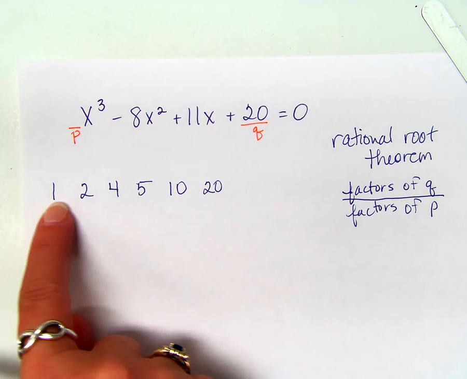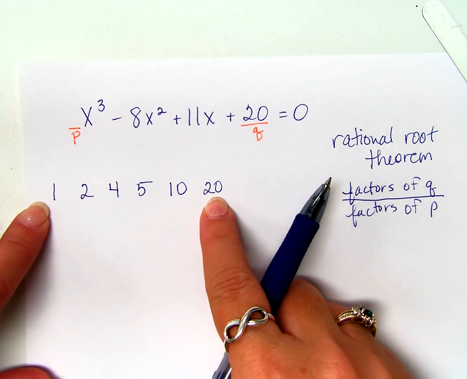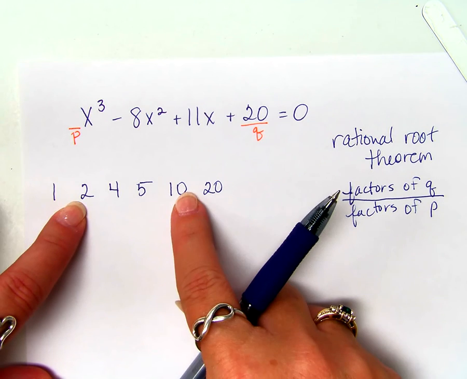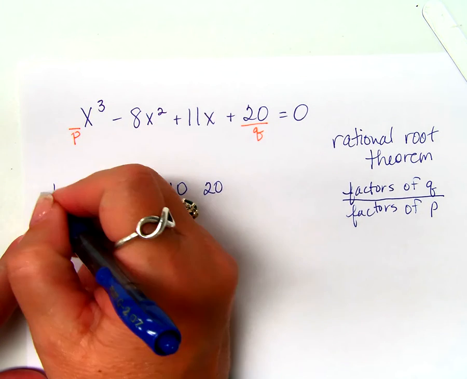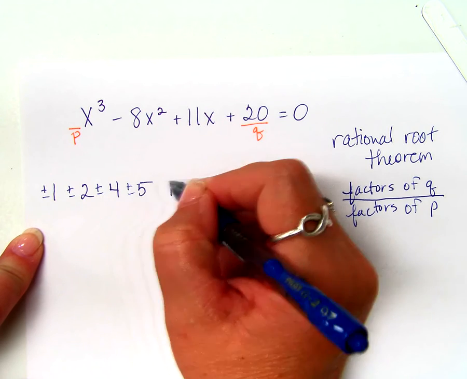And you're telling me these are all the factors? So 1 times 20 is 20, 2 times 10 is 20, 4 times 5 is 20. And that's it? Oh, so we could have negative 1 and negative 20? Isn't that equal to positive 20? Negative 2 and negative 10? So I really need the positive and the negative values of all these numbers, don't I?